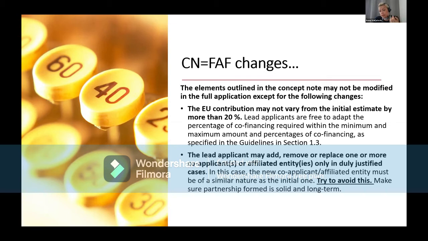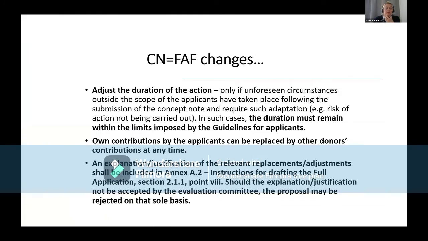But on the other hand, if something goes wrong, I don't know, some force majeure maybe, in that sense, it is still possible, but you need to justify it clearly. You can adjust the duration of the action only in case of some unforeseen circumstances, which are outside the scope of the applicant.